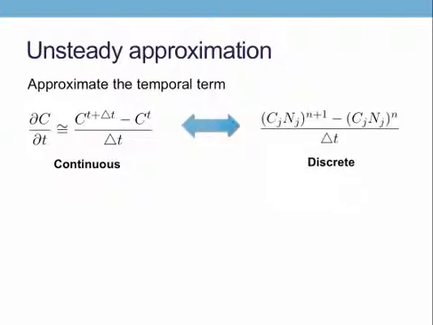So the continuous approximation translates to a discrete approximation: C sub j, N sub j, evaluated at n plus 1, minus C sub j, N sub j, evaluated at step n, all over the change in time. And we know that the N sub j's are not functions of time, so we can take those outside of the parentheses.